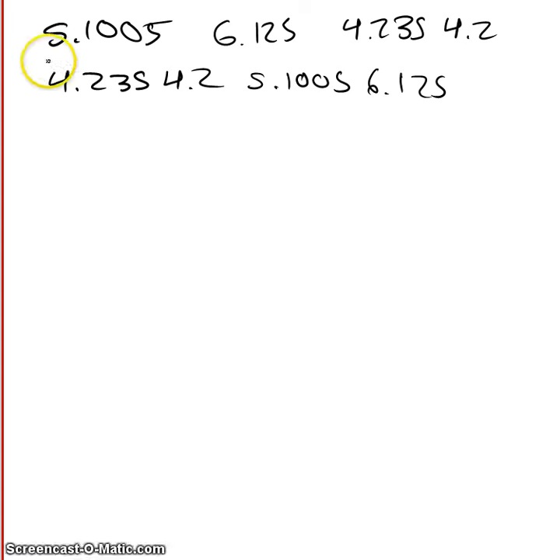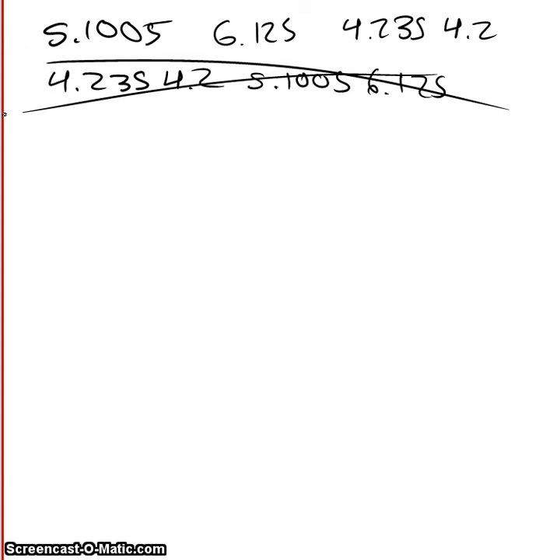But this is wrong. What you do to order decimals, first you have to make sure that every single one is at the same place. So this one is at the thousandth place. This one is at the hundredth, so you have to add a 0 to make it the thousandth. One is at the tenth, so you add 3 zeros to make it the thousandth.